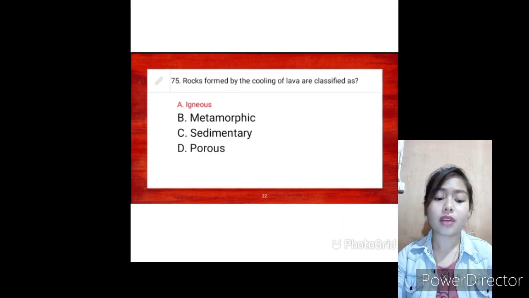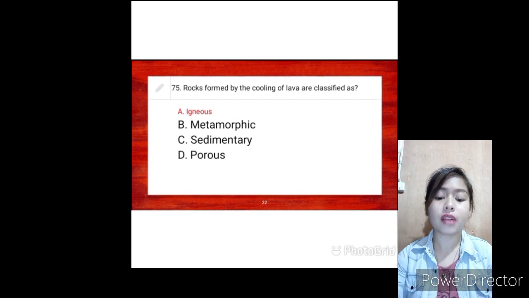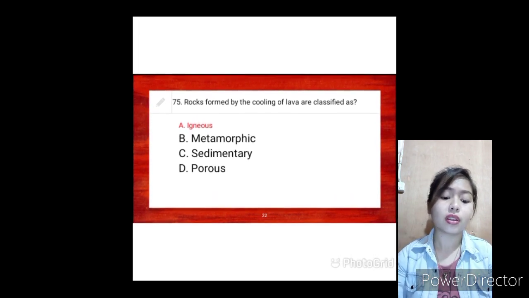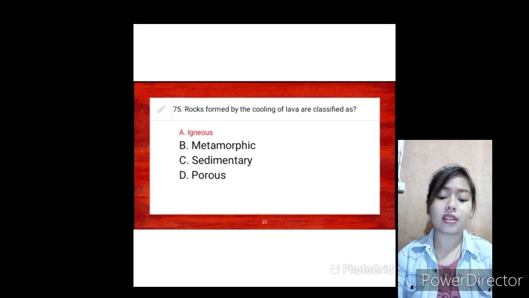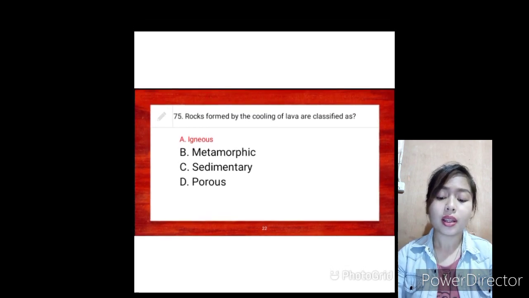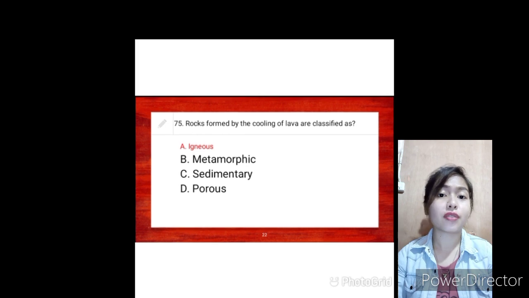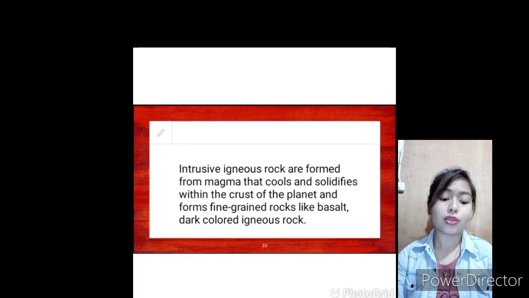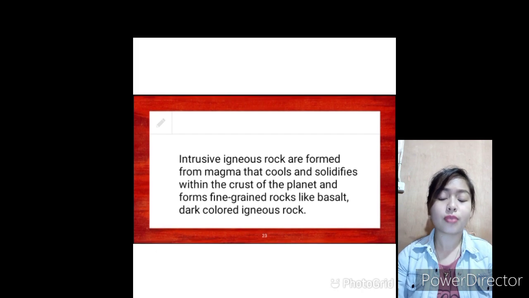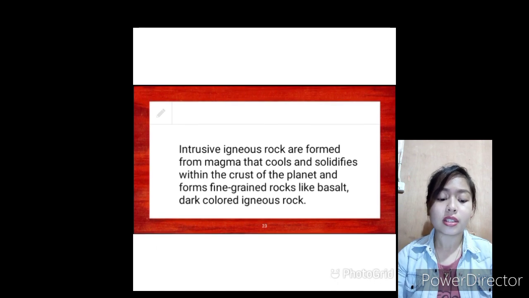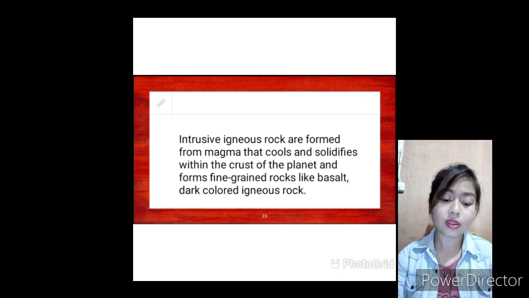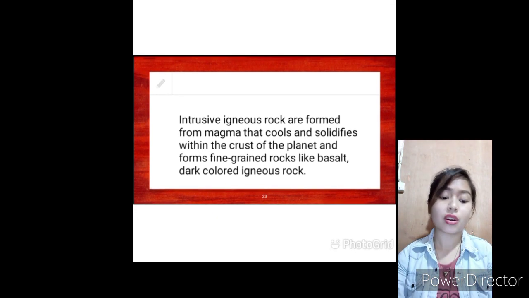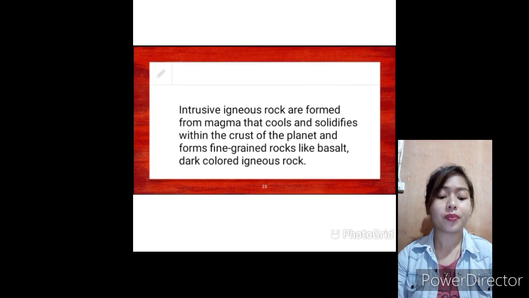Number 75. Rocks formed by cooling of lava are classified as letter A, igneous, letter B, metamorphic, letter C, sedimentary, letter D, porous. My answer for this is letter A, which is igneous, because intrusive igneous rocks are formed from magma that cools and solidifies within the crust of the planet and forms fine-grained rocks like basalt, a dark-colored igneous rock.